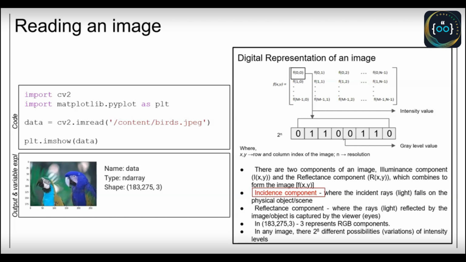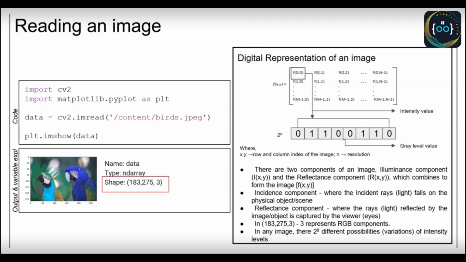The illumination component indicates where the light falls on the object you are looking at. That light could be from a lamp or the sun. The reflectance component is the light that bounces off the object and reaches our eyes or the camera lens. It is this reflected light that allows us to see the object.